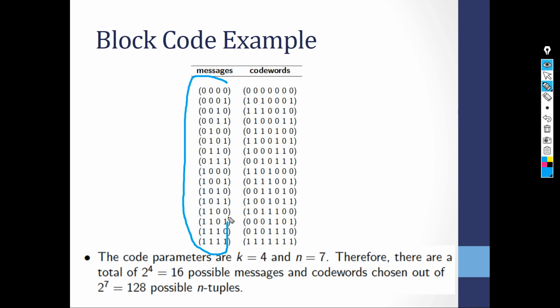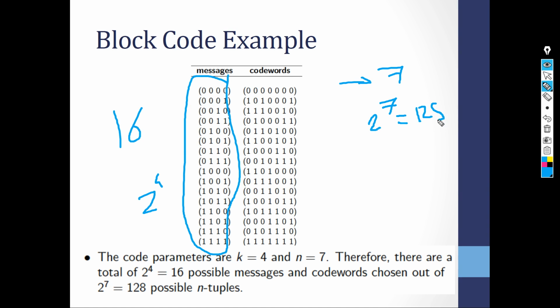Here we have 16 messages, yes? Because 2 to the power 4 is equal to 16. But when we map 4 to 7 bits, how many different messages do we get? We get 2 to the power 7, which is equal to 128.